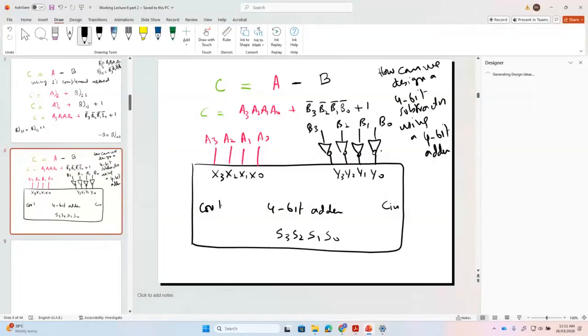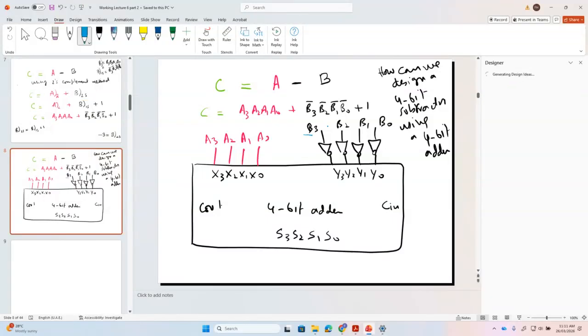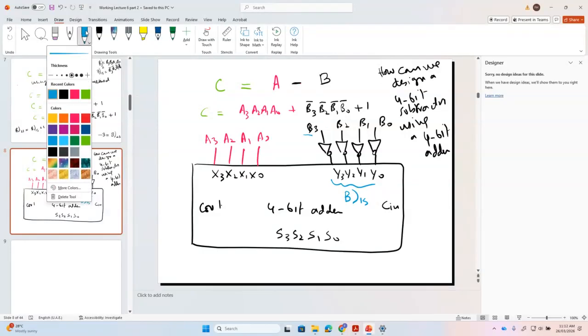Please remember, this is the ones complement, not the twos complement. This is b3 bar, b2 bar, the ones complement of b. But now we have an additional one here. What should we do with this one?